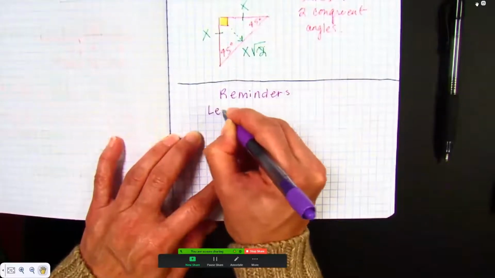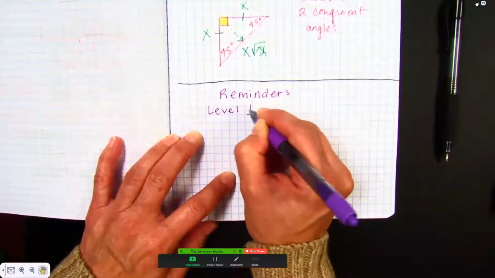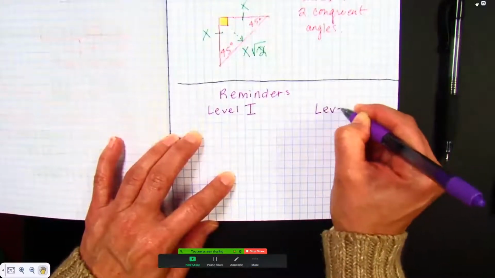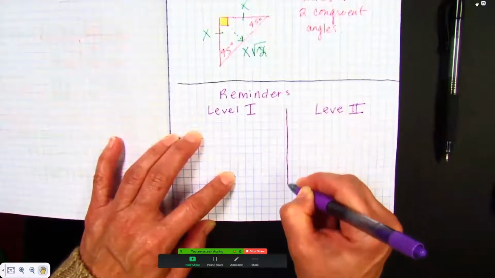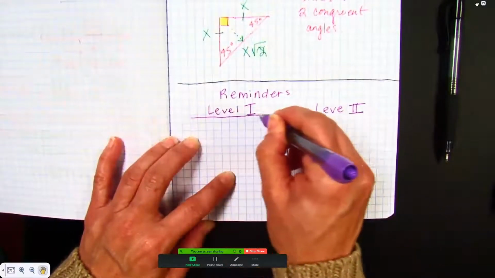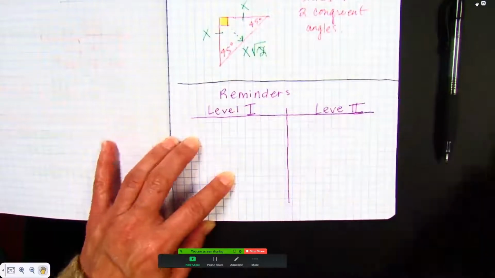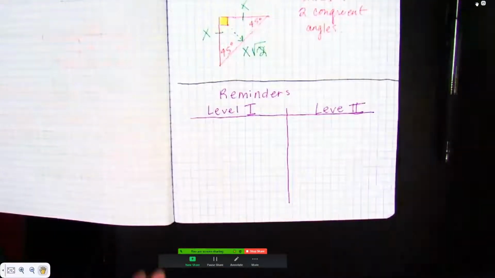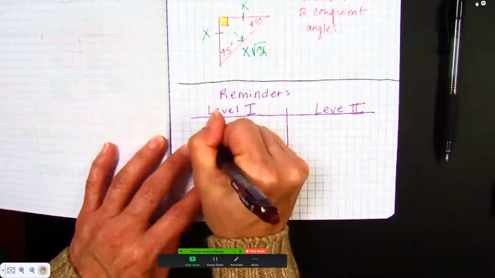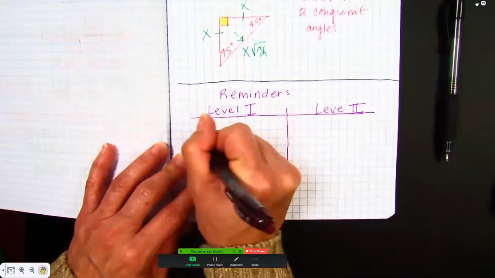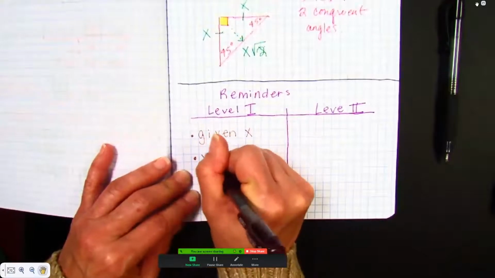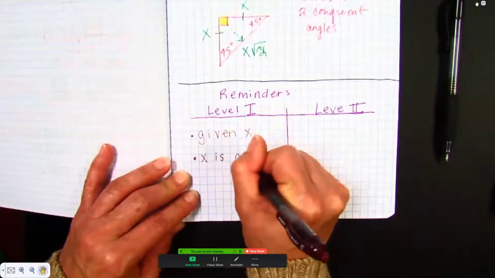You've got level 1, and then you've got level 2. For level 1, you are going to be given X. And remember, X is a side.